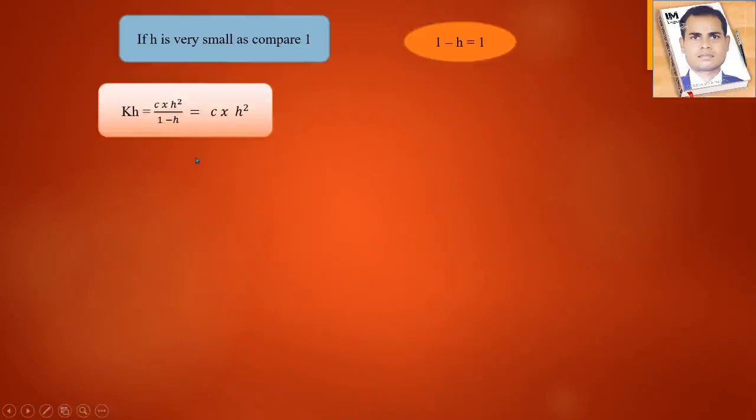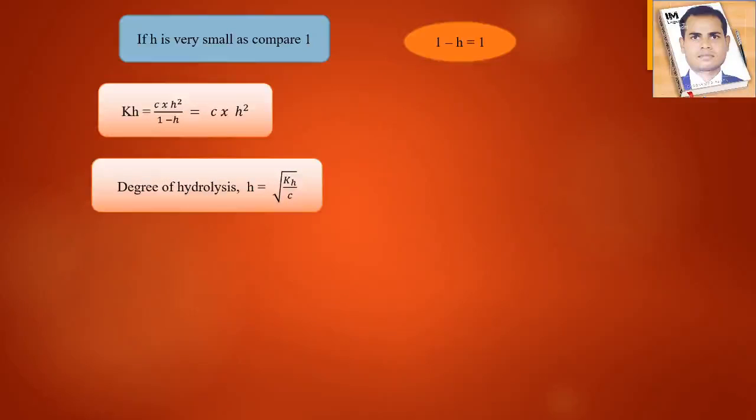So the degree of hydrolysis, h, equals the square root of Kh divided by C. So you will say here that the degree of hydrolysis of a salt is inversely proportional to the square root of the molar concentration.